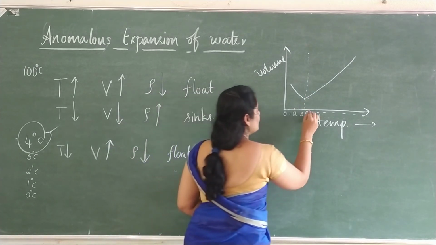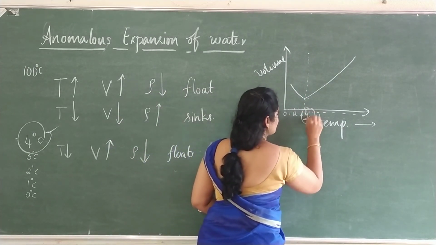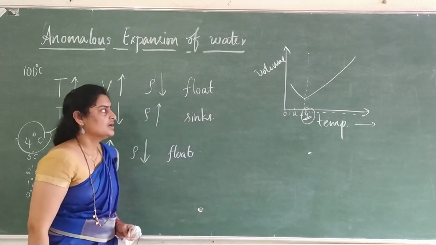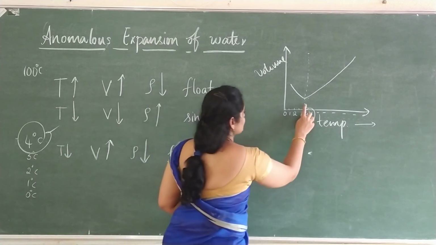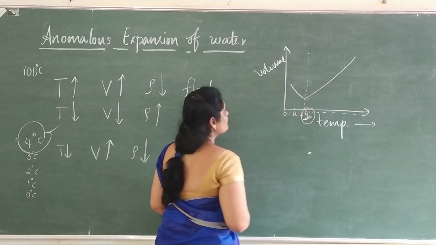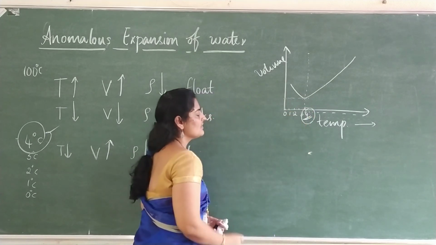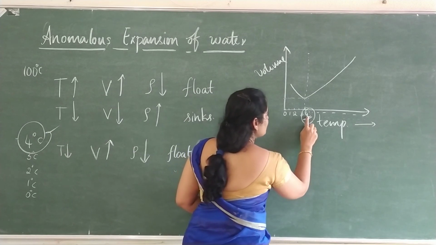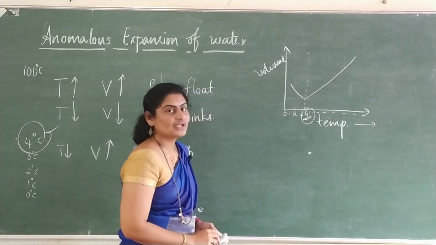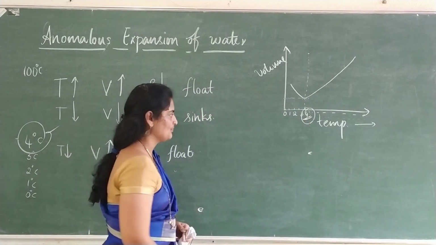You have to mention this temperature, 4 degrees Celsius. So at 4 degrees Celsius, water will have minimum volume. This is the minimum value in the graph. So at 4 degrees Celsius, volume of the water will be minimum.